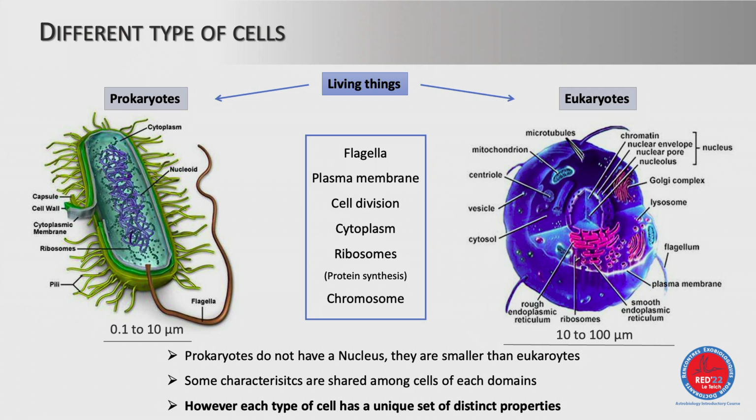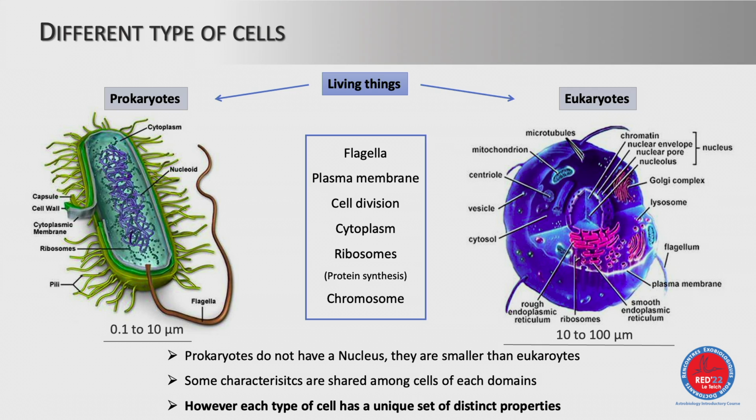We have different types of cells in the microbes. We have the prokaryotes and the eukaryotes. Prokaryotes are really simple cells. They don't have a nucleus, and they are usually smaller than eukaryotes. Eukaryotes and prokaryotes share similar characteristics. They have flagella to move in the media.